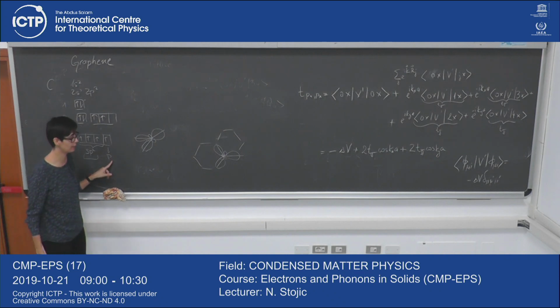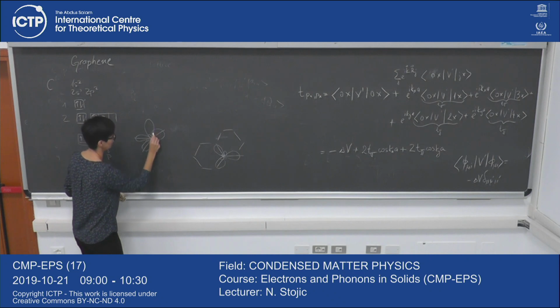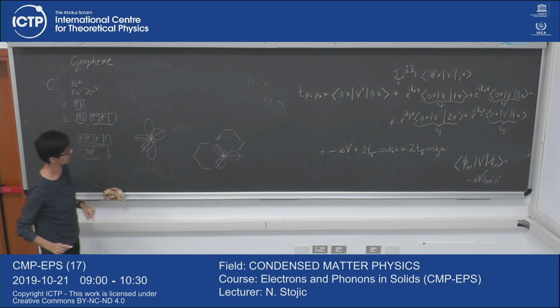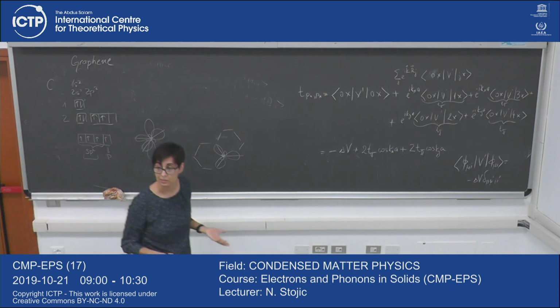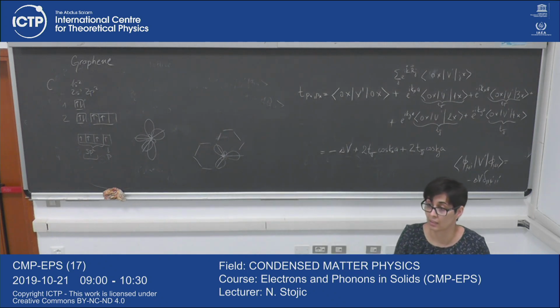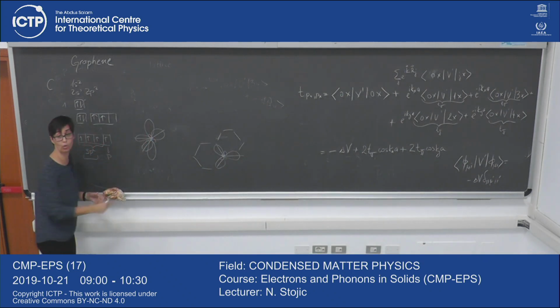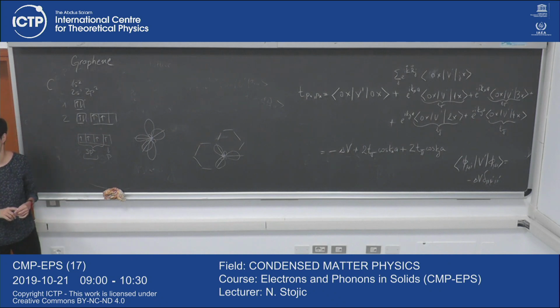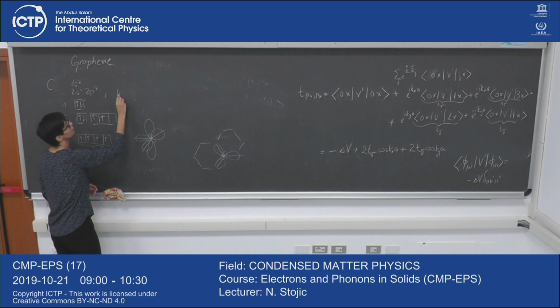And then there is one p orbital out of plane, which I can draw here. The sp2 bonds are very, very deep, and they're not so active. The deeper the energy, the less active a level is. So what we'll do today, we'll just take this one pz orbital into account.